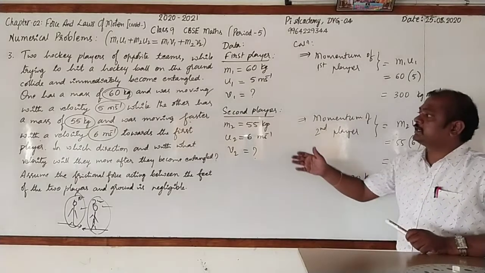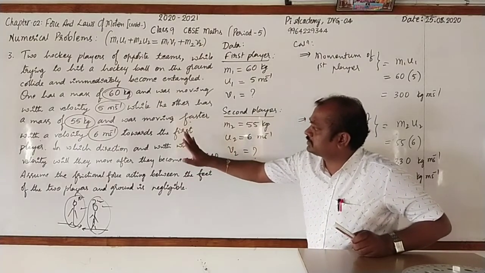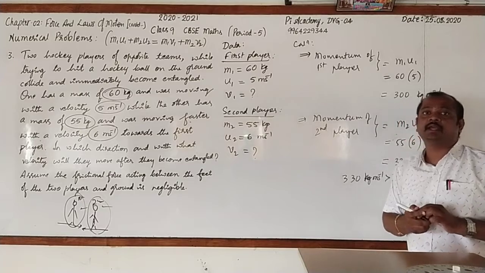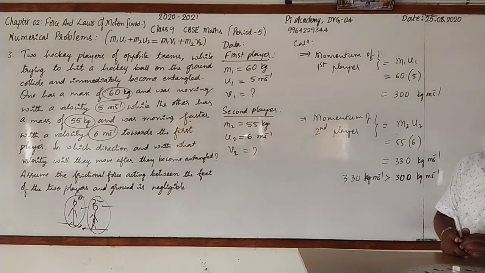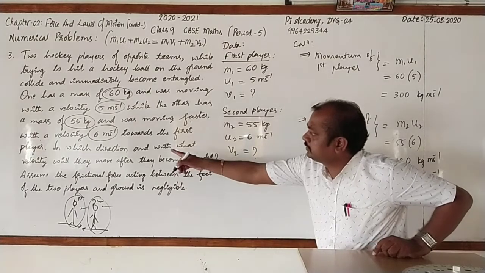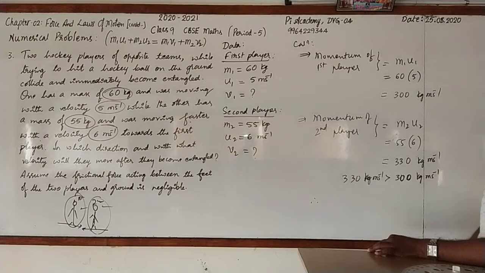Now, let's move on to finding the other one. What is that? The velocity with which they move after they become entangled. Here I'll write the conclusion. Therefore, in which direction do they move after they become entangled?